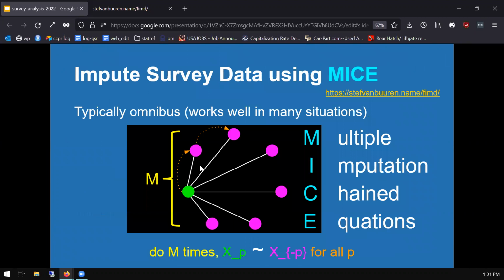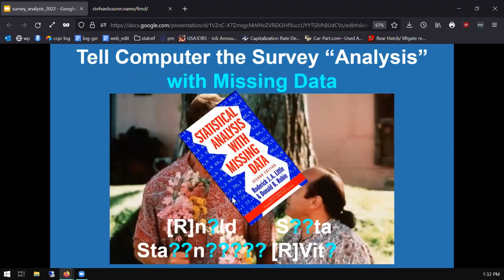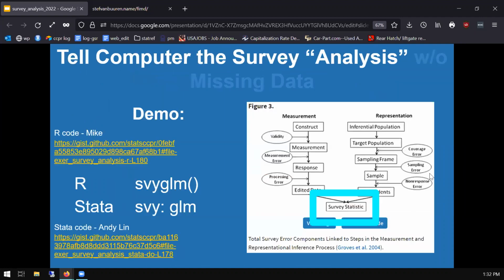If 30 people all miss these 7 variables, you can redistribute their weights to the 20 people that are responding. So that's a re-weighting method that tries to address non-response error, which falls under this representation branch.